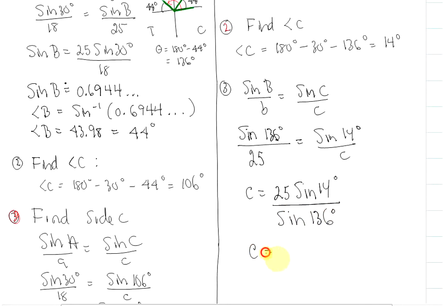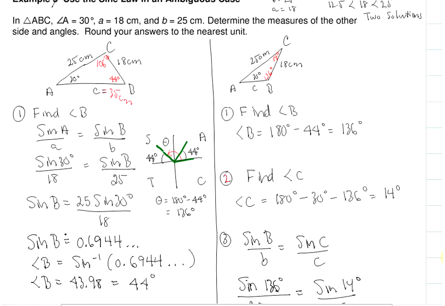And that works out to be about 9 to the nearest whole unit. And so I will put that on my diagram. This is equal to 9.